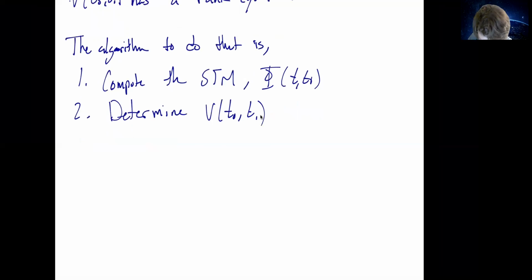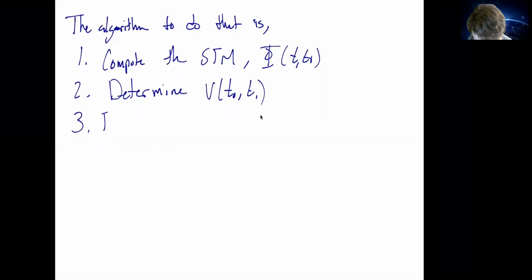And then lastly, three, determine the rank of the observability Gramian. For numerical systems, this is pretty trivial.